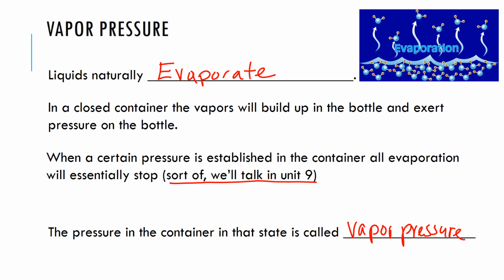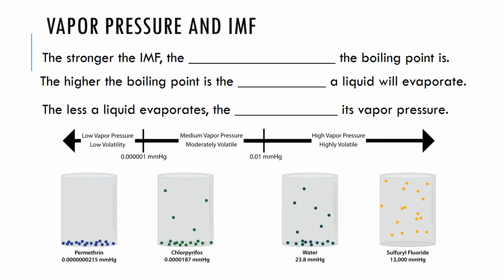And vapor pressure is related to volatility. All right? So the stronger the intermolecular forces, the higher the boiling point is. And the higher the boiling point, the less a liquid will evaporate because it's less volatile. And the less the liquid evaporates, the fewer particles of gas will be in the closed container above the liquid, so the lower the vapor pressure is.